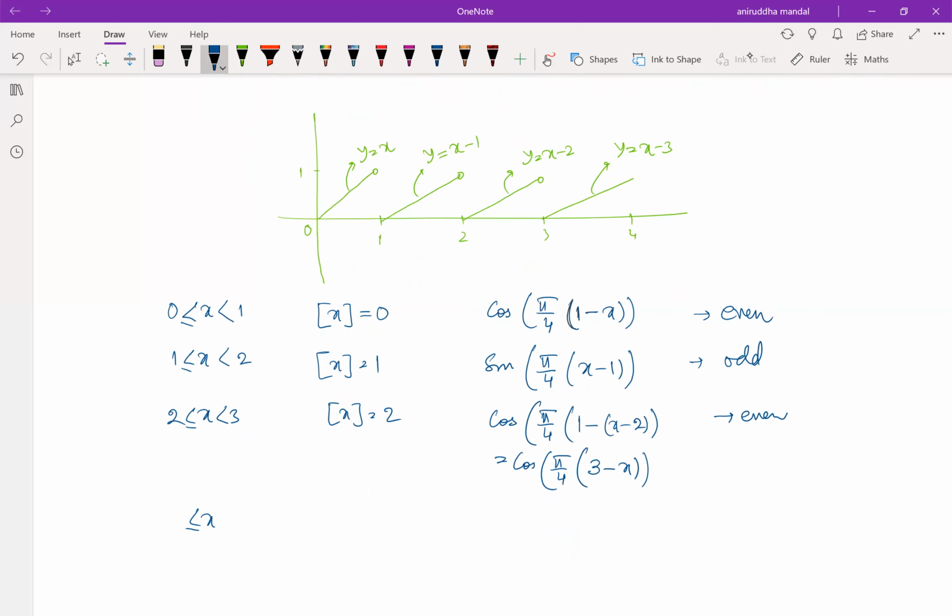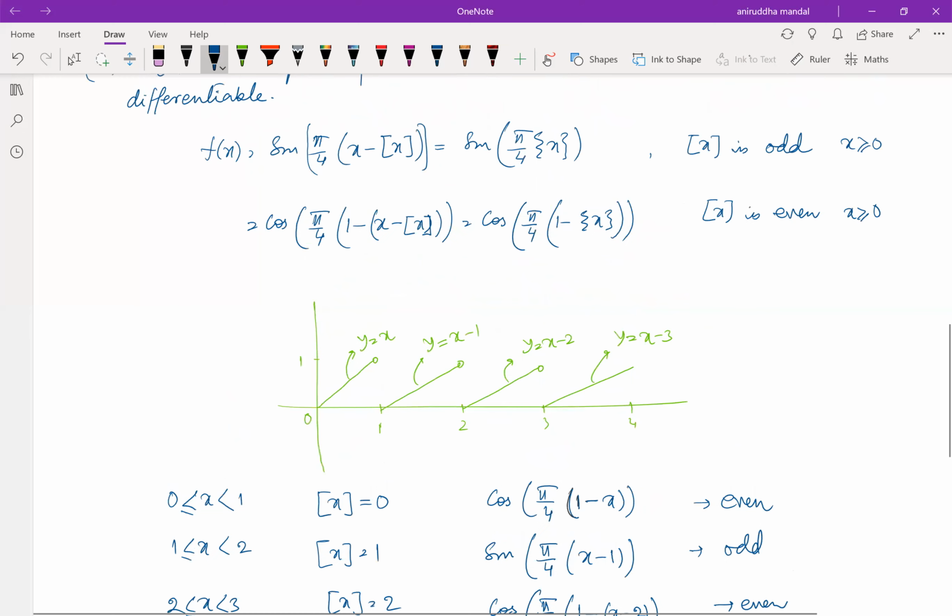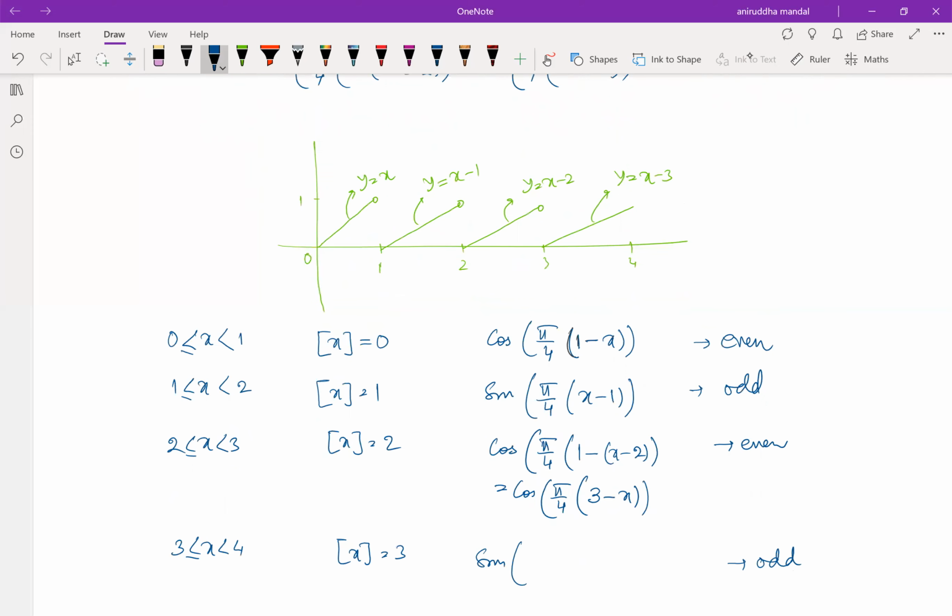In between 3 and 4, the box function is 3, so 3 means we have odd, so we have to use sine: sine(pi/4 (x minus 3)), since the fractional part of x is x minus 3.